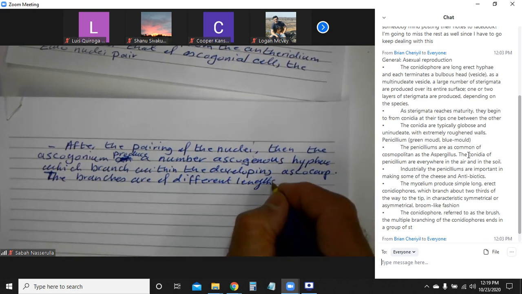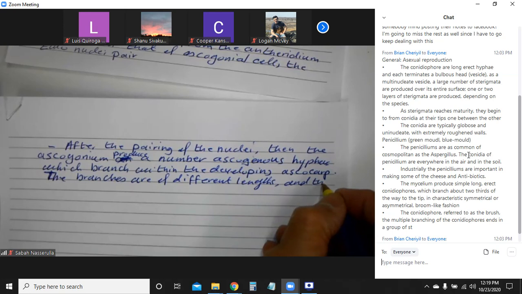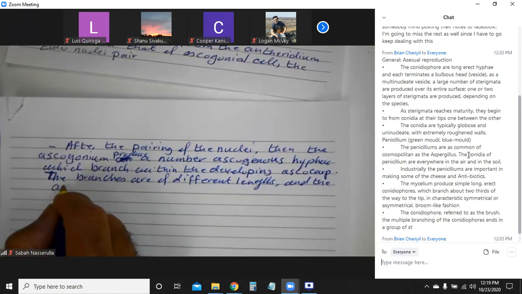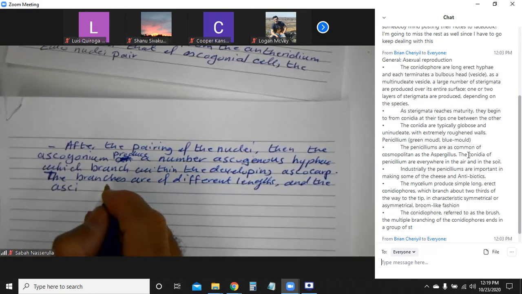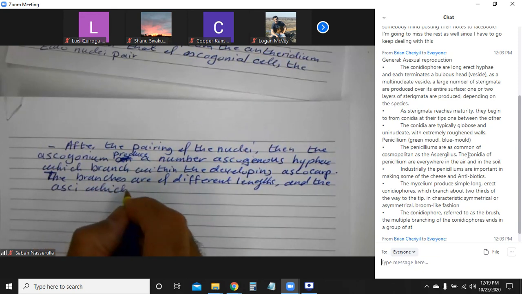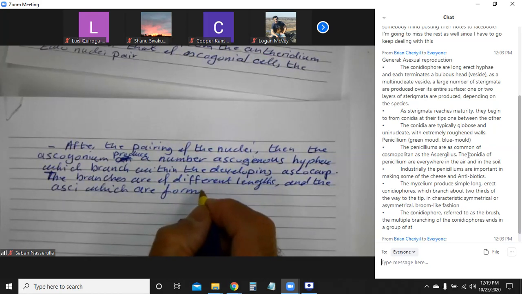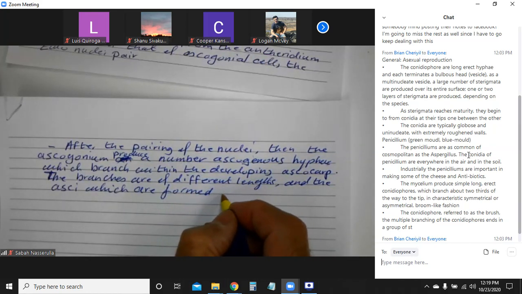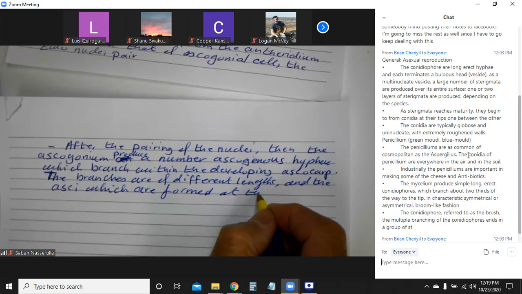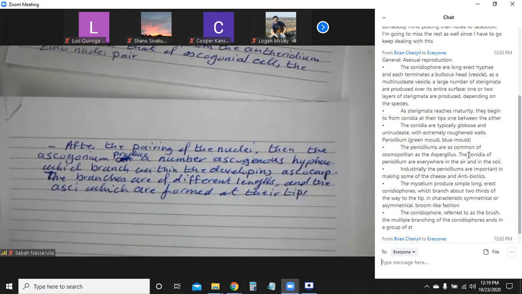And the asci, which are formed at their tips, are produced at different levels.